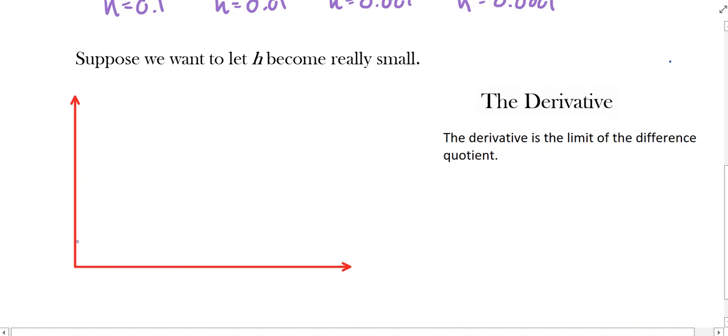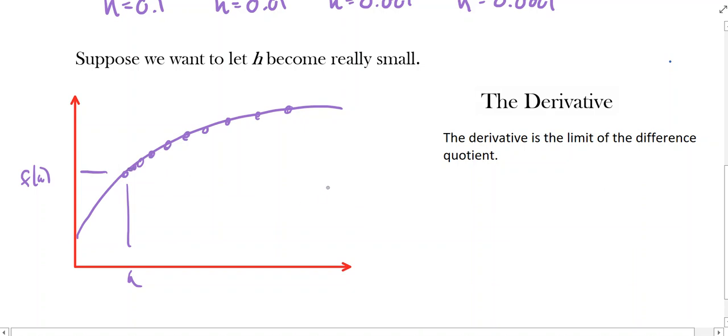So on our graph, I'll try to draw it so it looks somewhat similar. We have our point A and our function value over here. But how small can we let H be as the second point on the graph moves closer and closer as H gets smaller and smaller? Remember, H is a distance on the x-axis. As H gets smaller, our second point gets closer and closer.